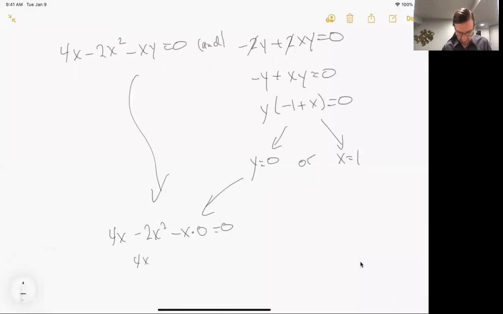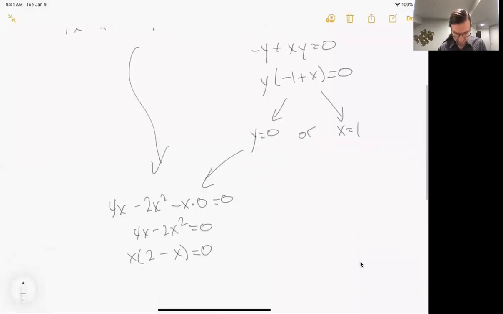That's 4x minus 2x squared equals 0. We could divide everything by 2, make it a little simpler, and at the same time, I'll factor out an x. So that's x times (2 minus x) equals 0. And that tells us that x equals 0 or x equals 2.